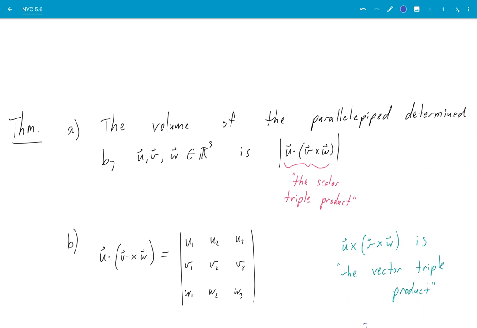What we did is we took basically the transpose of this matrix, did a determinant, and then did an absolute value. So at least part of this is not surprising. I think what is worth talking about is the equal sign here.